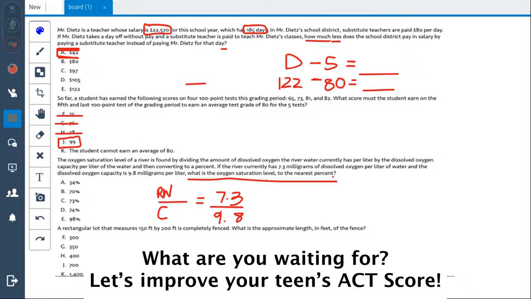So you can type that in your calculator: 7.3 divided by 9.8, right? And you get 0.744 on and on. Anyway, you multiply it by 100 to get a percent. And that is going to be D. 74% is the nearest percent, right?